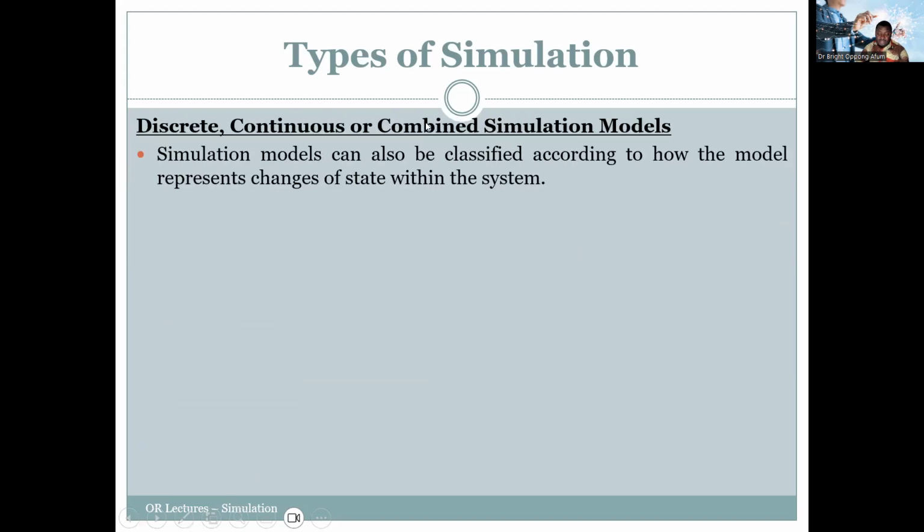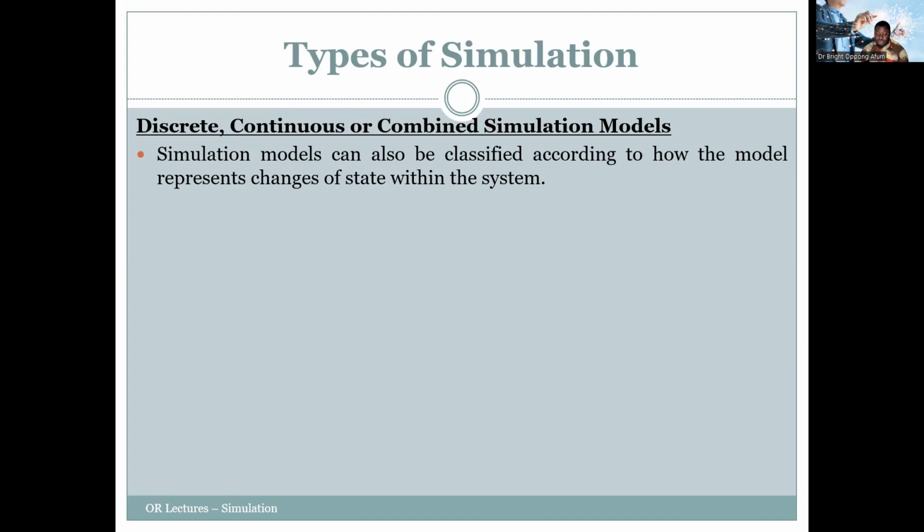Then we also have the discrete or continuous or combined discrete-continuous simulation models. So what this means is that they refer to a classified form of models that represents states of change of a particular system, right?